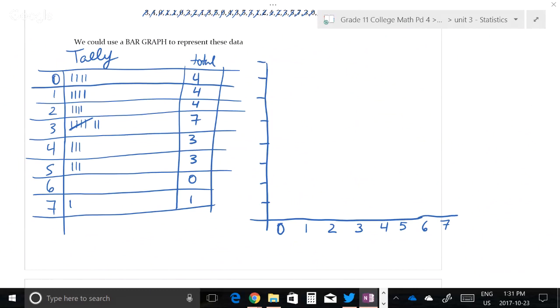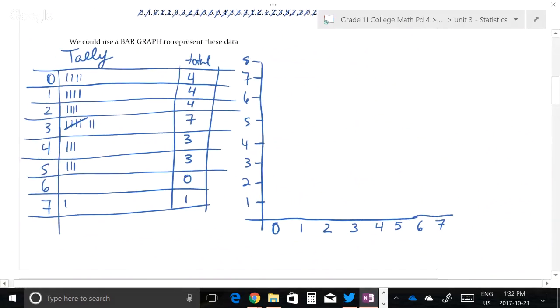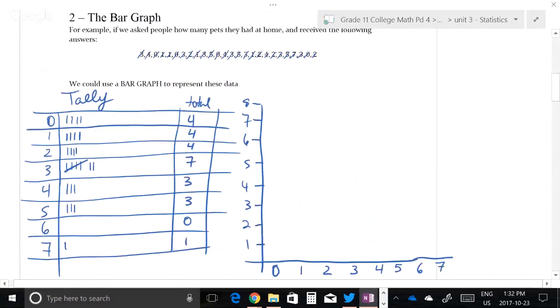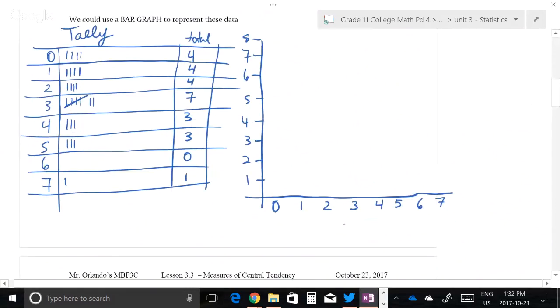Now I'm going to do a relatively messy job here. You, of course, will do a neater job than I do. But how do I make a bar graph here? What do I do? What goes on the bottom? The number of pets.